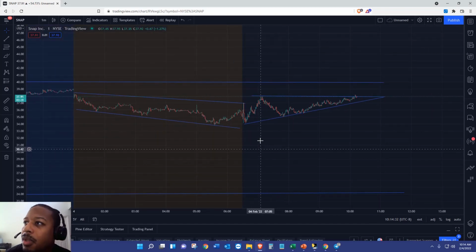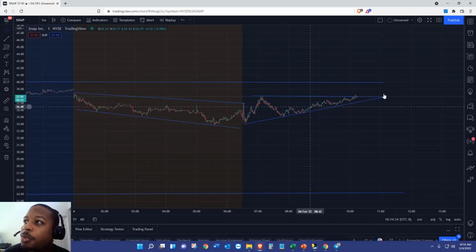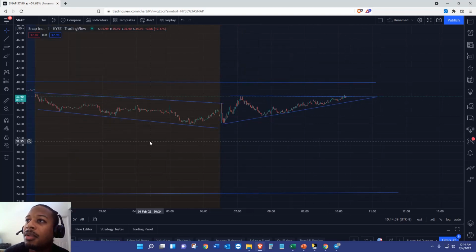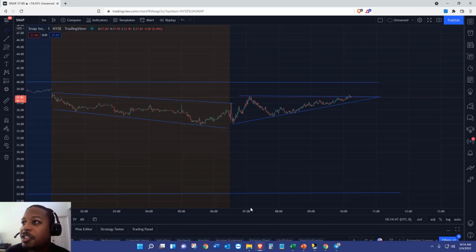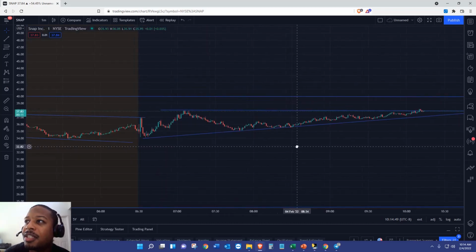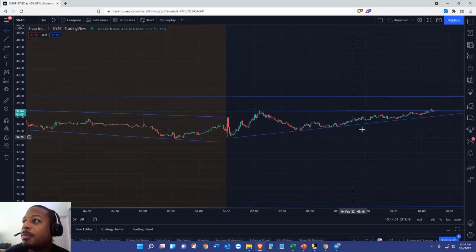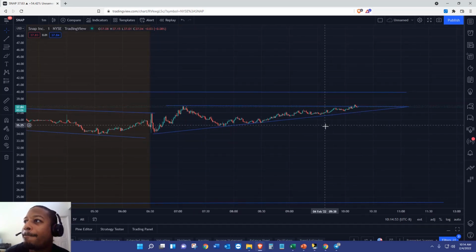Well, really, it became an ascending triangle when you drew the actual points here, starting from the opening bell, not from pre-market, but from the opening bell. And you can pick your time frame of when you start to draw and plot your support and resistance. That support and resistance showed us that this thing was forming an ascending triangle. Pretty easy, right? So we want to look for that break.